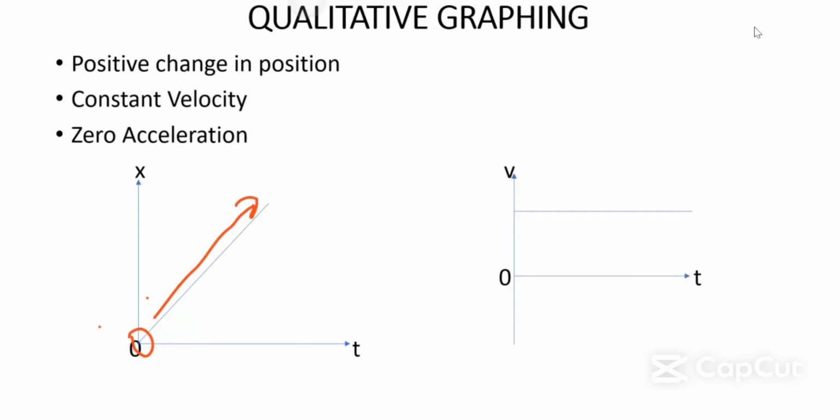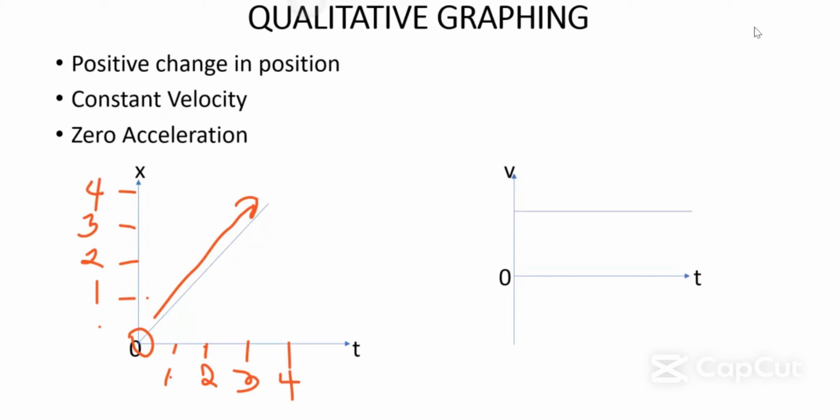So the position has changed. Let's assume this is 1, 2, 3, and 4. Similar here, 1, 2, 3, and 4.